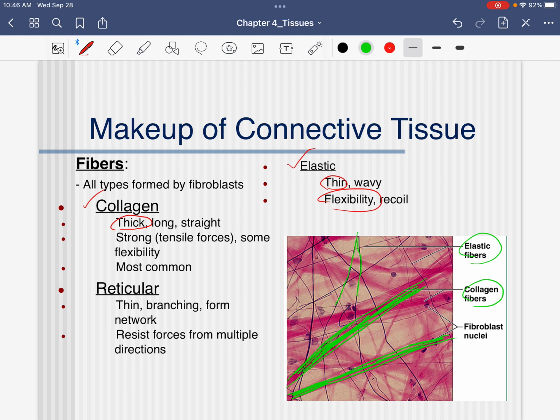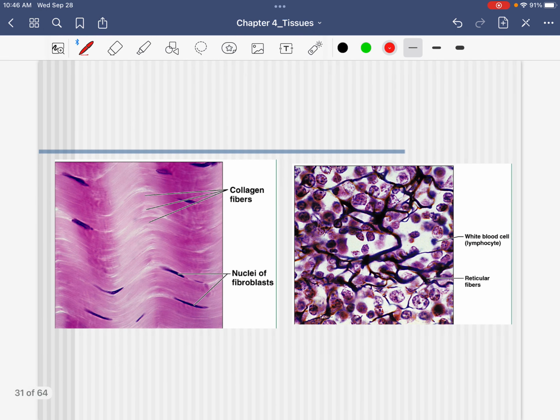The last example of a fiber type is reticular. The key word for reticular to me is branching. Let me skip ahead because we actually have an entire connective tissue type named after this, reticular connective tissue, because it is made up of these branching fibers.